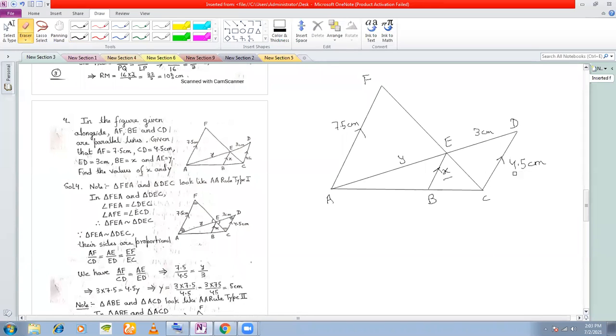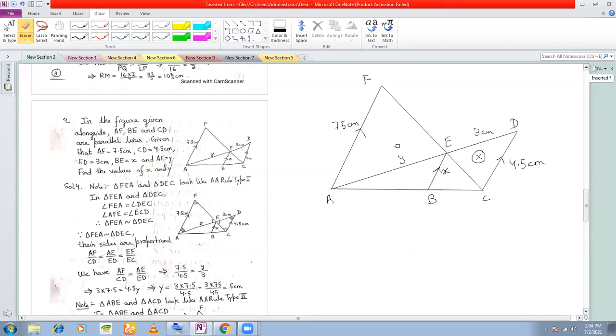First of all, you need to identify which triangles to prove similar in order to find out the value of X and Y. First of all, what you see is this triangle, triangle AEF, and this triangle, triangle CED, right? These two triangles must be similar. This type 1 figure, right?